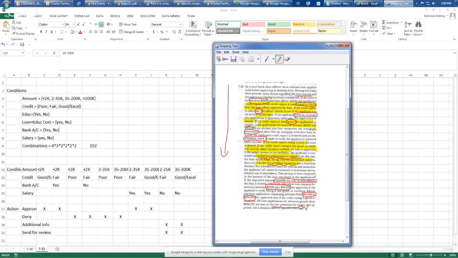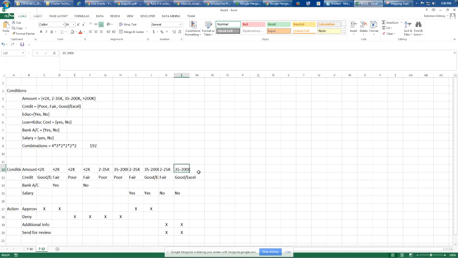Now for educational loans, the student will be contacted to estimate the cost of attendance. So the education loan is 2 to 35K, and it has to be fair or good or excellent, the same two values. And education has to be yes in both cases.